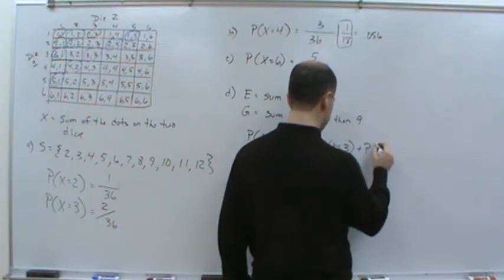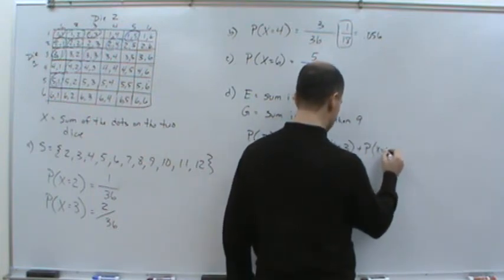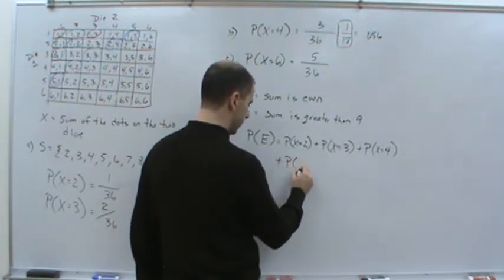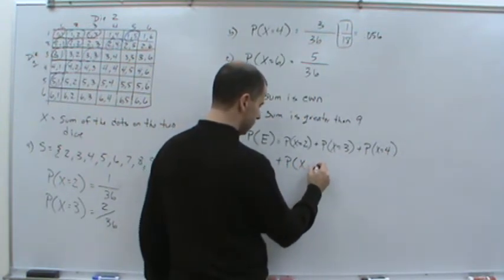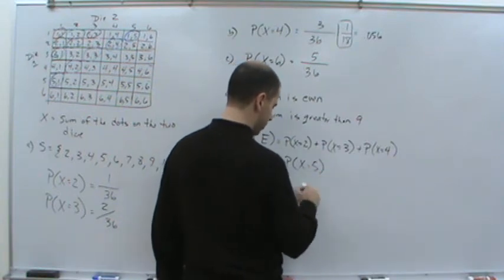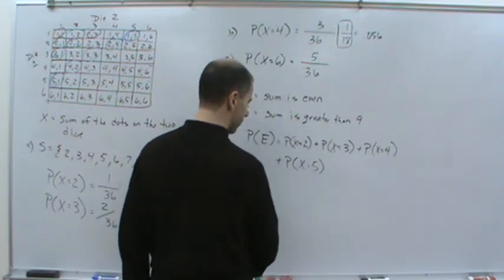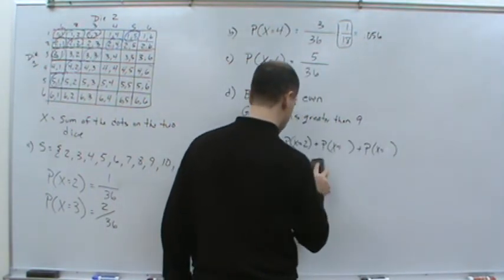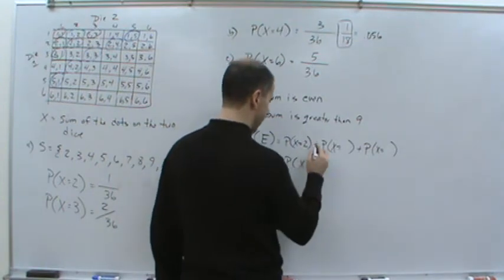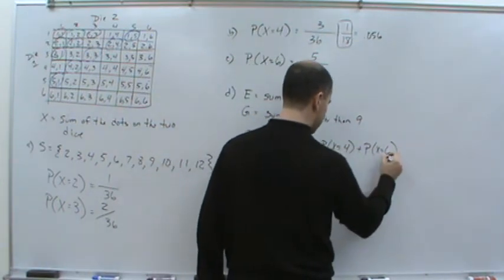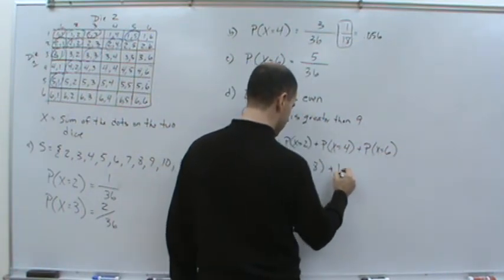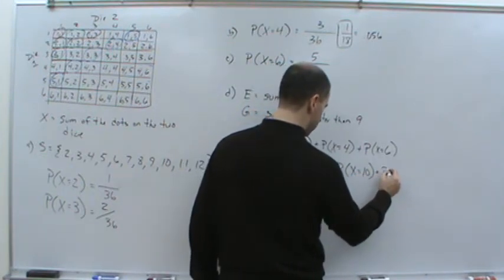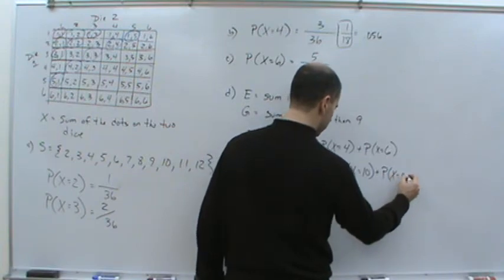So this is the probability of x equal to 4, okay? And then plus the probability that x is equal to 5, or excuse me, not 5, hold on a second, even numbers. Stay focused, Mark, hold on. These are even numbers, sorry about that. So 2, 4, 6, 8, and plus the probability that x equals 10, plus the probability that x equals 12.